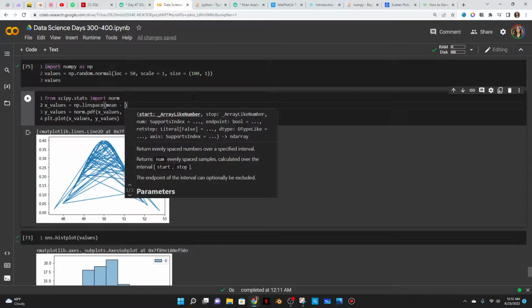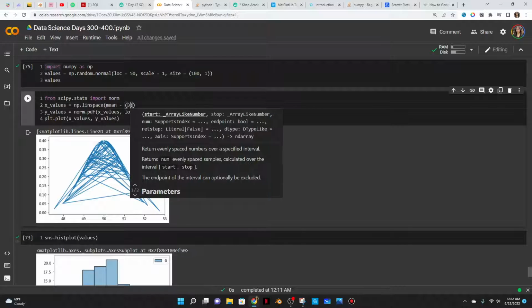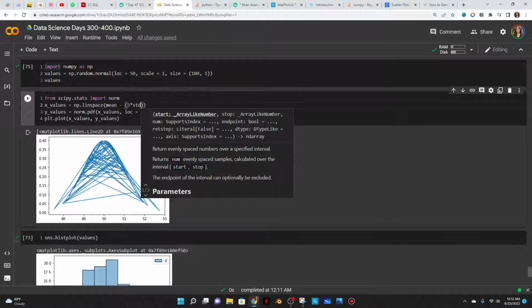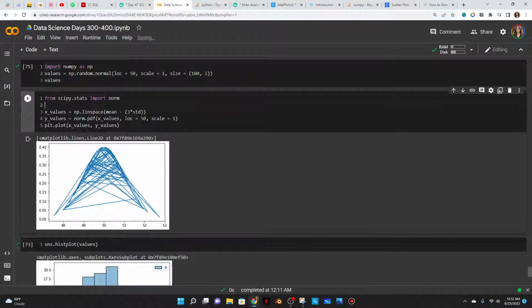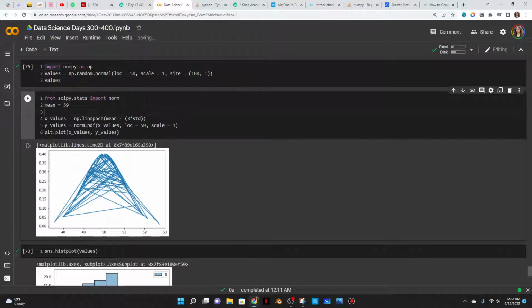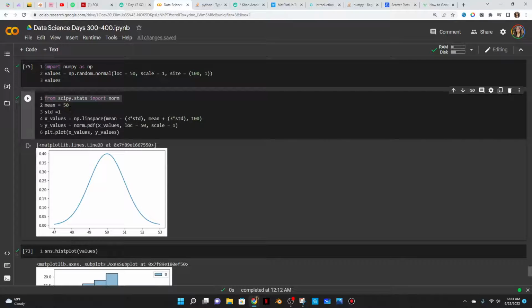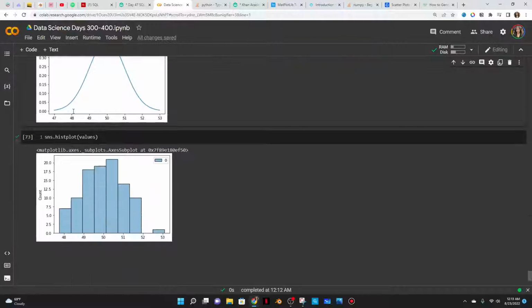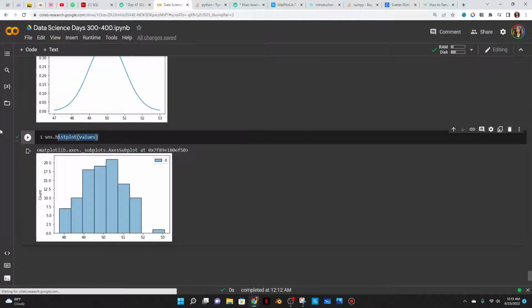It would be mean minus 3 times standard deviation, and then I would just have to say over here that my mean is 50, my standard deviation is 1, then this would be mean plus 3 times standard deviation, and then the size would be 100, and then it would give me a normal distributed curve, which represents this.